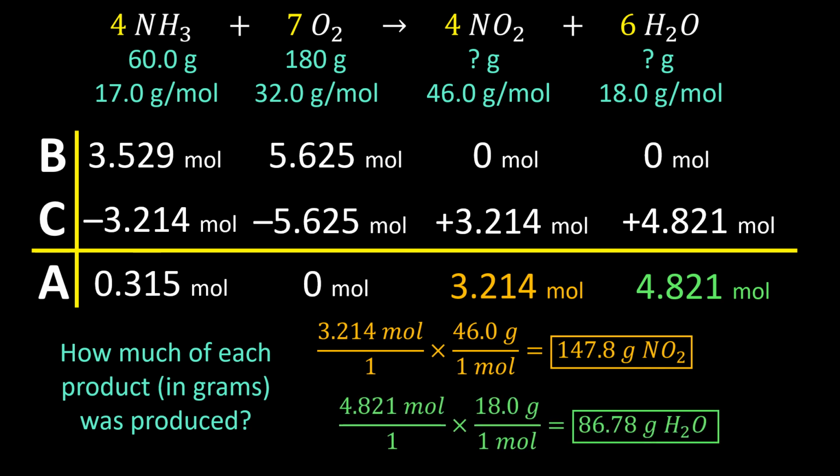Then I can use the 4.821 moles of water that's produced, multiply by its molar mass, which is 18 grams per mole, to find that 86.78 grams of water is produced in this reaction.